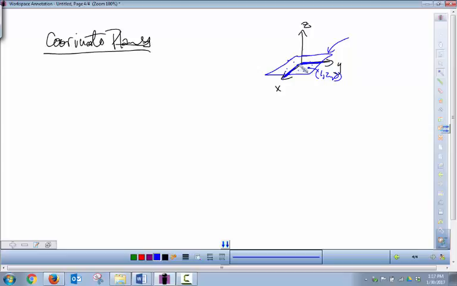If I pick a point on the other side over here, like maybe positive 1, negative 1, that would be positive 1, negative 1, 0. So the idea there is that the z value is always 0. So I can essentially describe all the points on the x, y, z space where z is equal to 0 as the x, y coordinate plane.